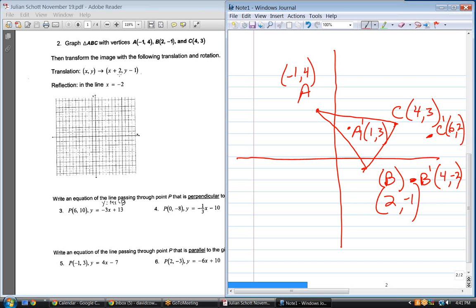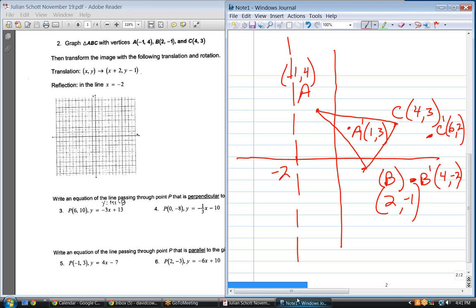Now let's reflect those about the line x equals minus 2. Well, let's go over here and find x equals minus 2. And they said about the line, so I'm going to draw a dotted line right there. And I have to reflect A prime, B prime, and C prime about that line.